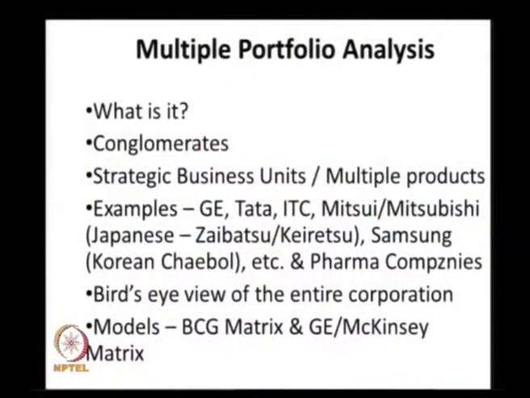For that we have two models, one is the BCG matrix and the other is the GE McKinsey matrix, which can be used to make this bird's eye view analysis of a big corporation which has a number of subsidiaries, or an organization which has critical business product lines.